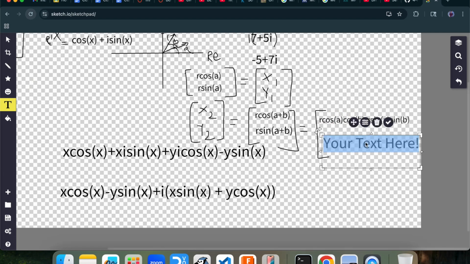And then the y would be R times sine of A plus B.